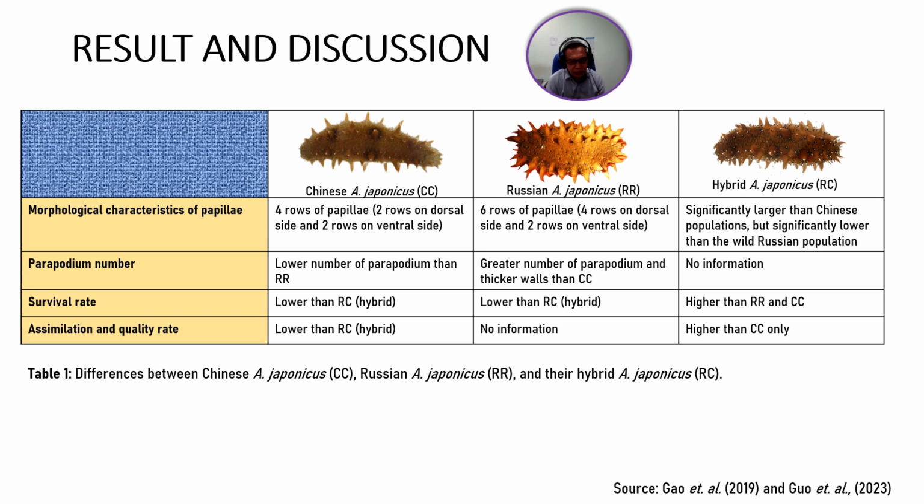The trait that they want to obtain in the hybrid species is the papillae, because it is the most commercially important trait in the marketability of this species, whether it is living, boiled, or dried.